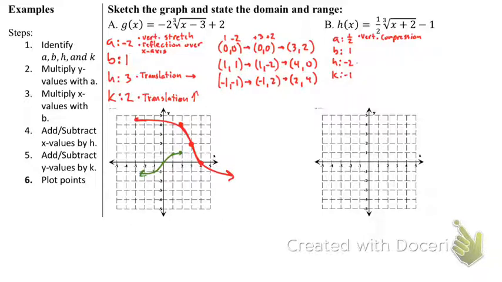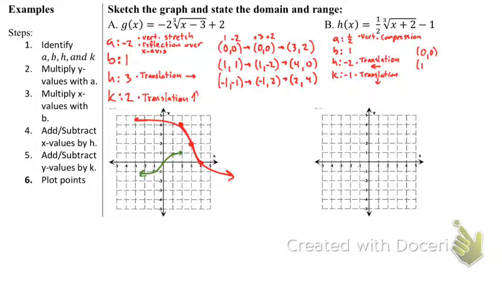Our H value, we have a translation, which just means shift, and it is going to be to the left. And then the K value is a translation down of 1.